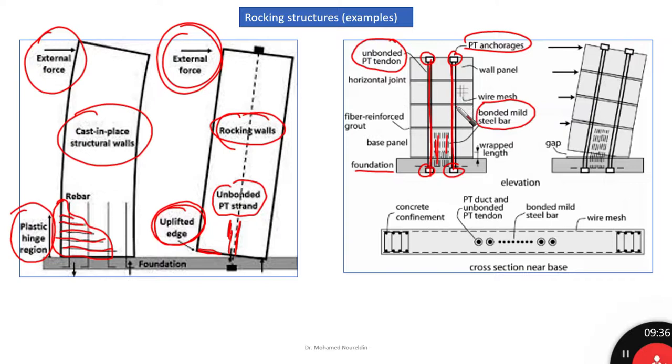So if we provide these PT tendons, two of them here and here, as you can see, we provide ducts for them, and this is the wire mesh, and we have the original concrete confinement at the edges of the wall, you are going to find that the gap is going to be formed easily here, and we are going to have a recentering capability of the system, so it wants to bring the whole wall back again.